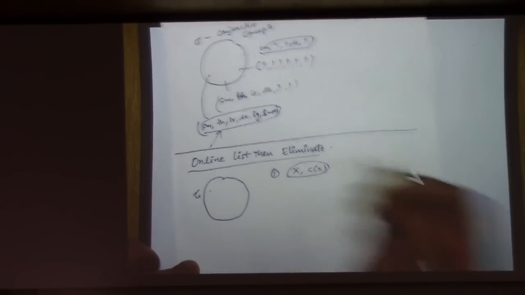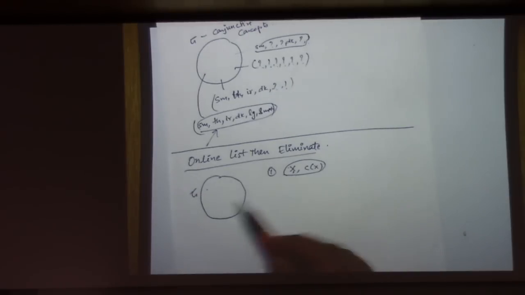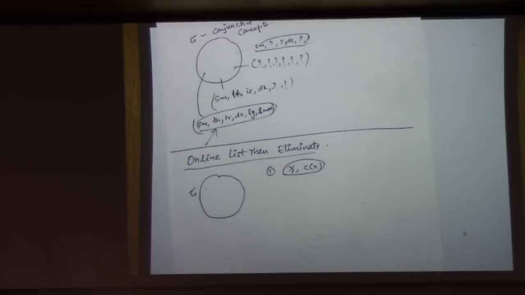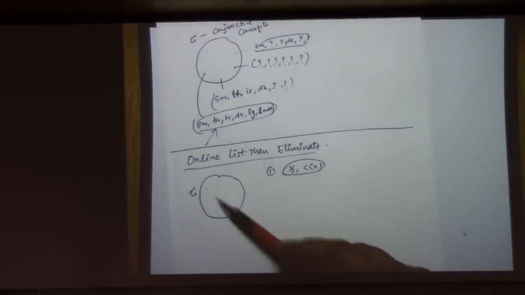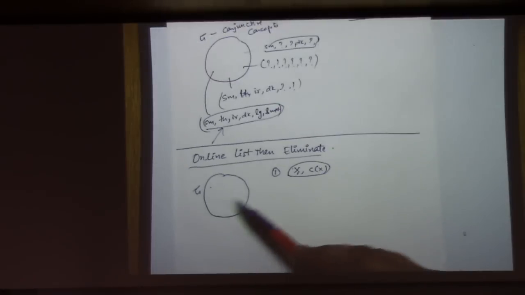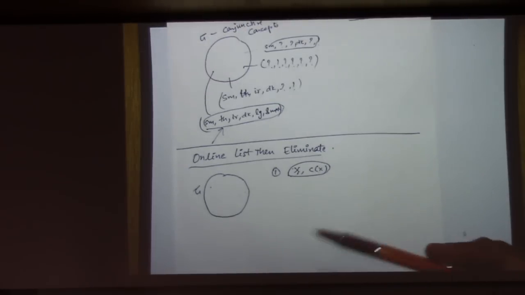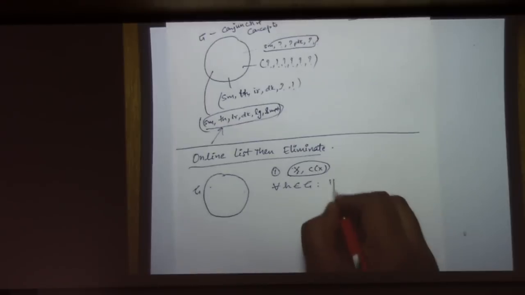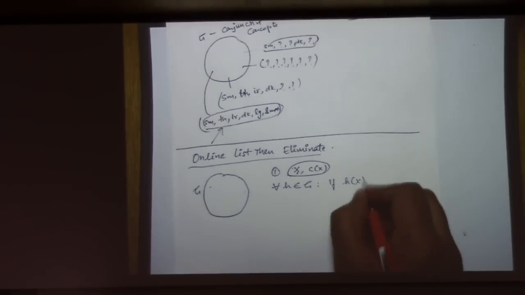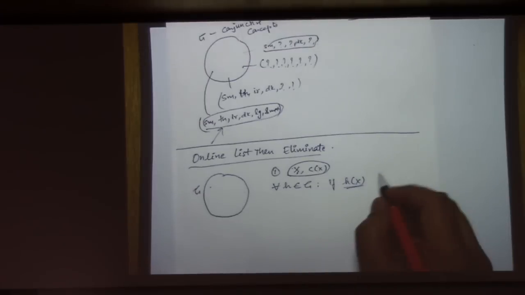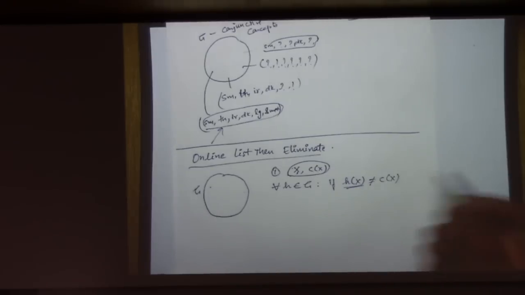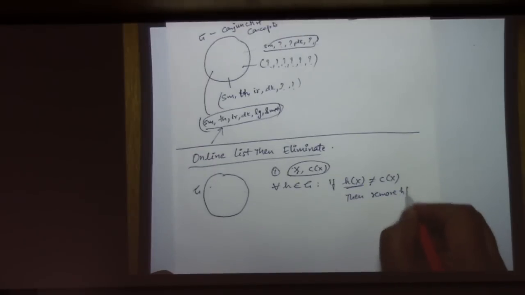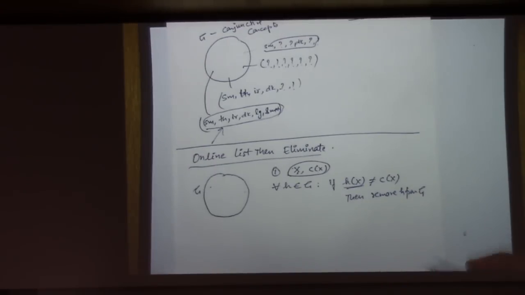Then it tosses out all the concepts from here that make a mistake on this example. So it goes through each hypothesis inside and computes h of x, the prediction you get using that concept. For all h belonging to this C, if h of x is not equal to c of x, then remove h from C.